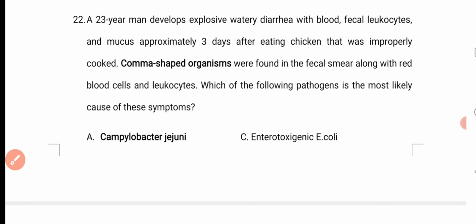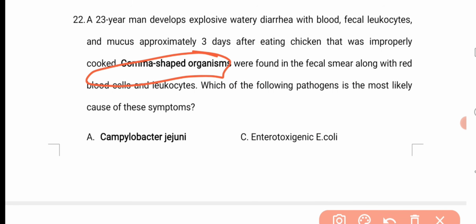Number 22, a 23-year-old man develops explosive watery diarrhea with blood, fecal leukocytes, and mucus approximately 3 days after eating chicken that was improperly cooked. Okay, and comma-shaped organisms were found in the fecal smear along with red blood cells. So which of the following pathogens is most likely? So which one is comma-shaped? Okay, this special characteristic belongs to Campylobacter.